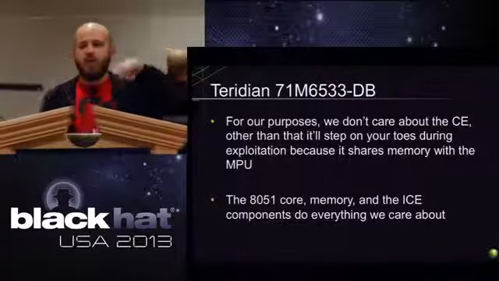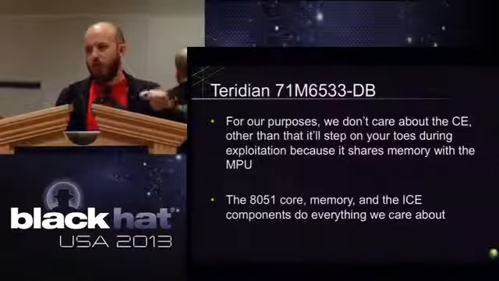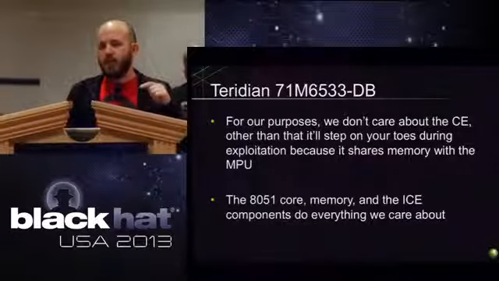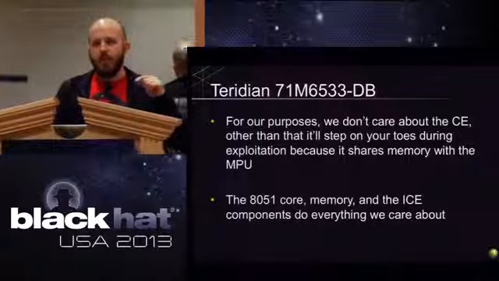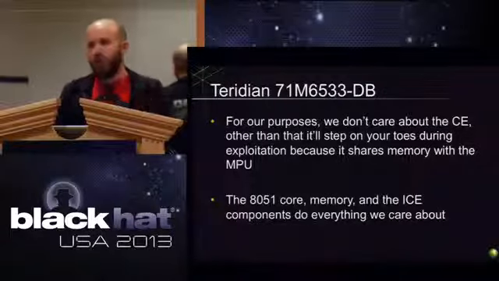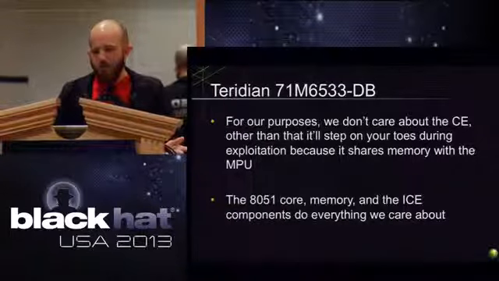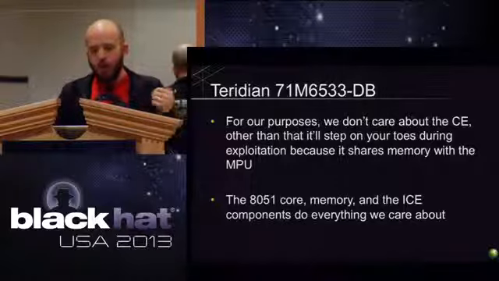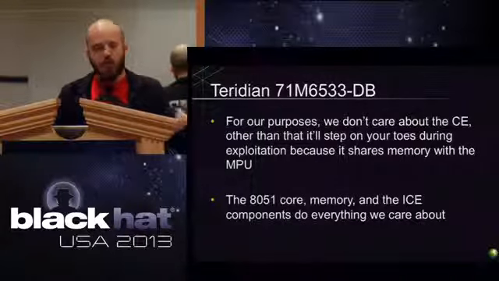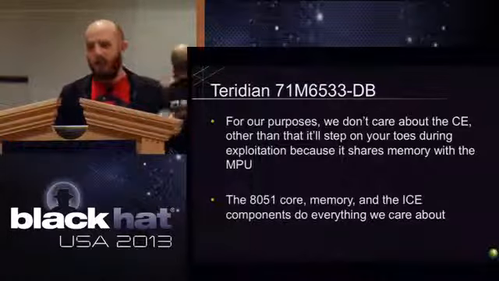There are all kinds of other things happening via interrupts or timers that are outside of your control, and you don't necessarily know those are happening. So the very first thing you usually do is start shutting all that kind of stuff off as soon as your shellcode hits. The major things we care about on this architecture are the 8051 core, the memory, and the ICE components, the ICE being like a JTAG analog, if you're familiar with that.